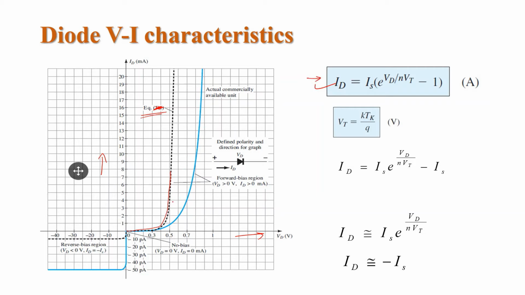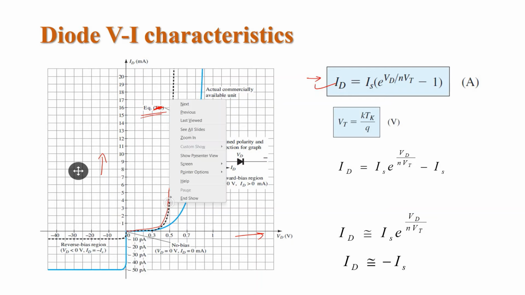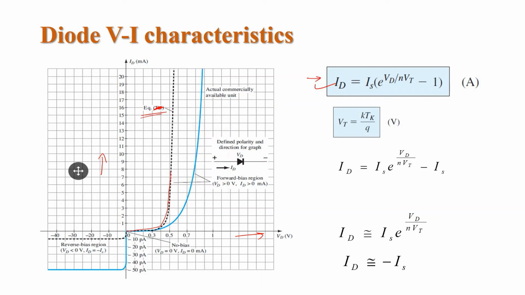So here, as expected, for a small change in Vd, we are incrementing into a very large change in Id, because of this expression approximation when Vd is greater than 0.